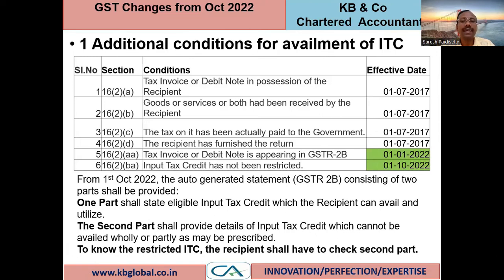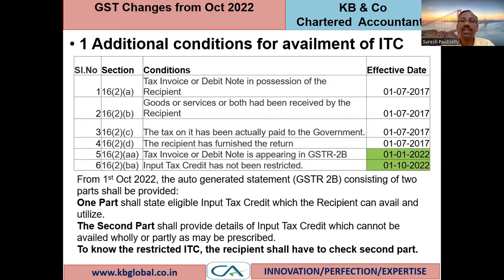Third condition, tax on it has actually been paid to the government. Fourth condition, the recipient has furnished the return. If these 4 conditions are fulfilled, then the recipient can take the credit of ITC. Initially, these 4 conditions were there in the GST Act.